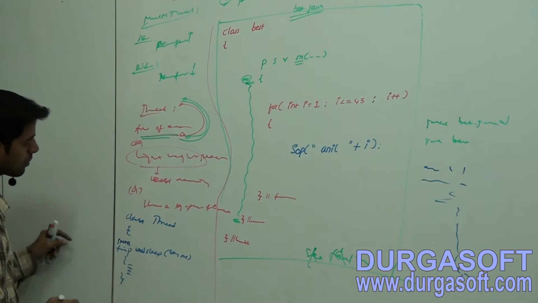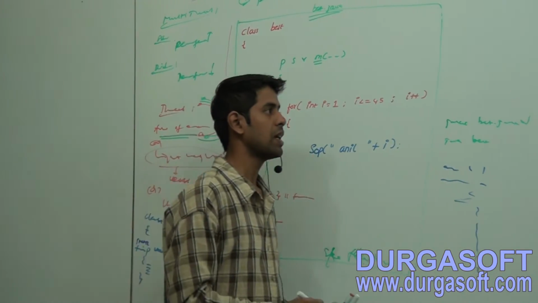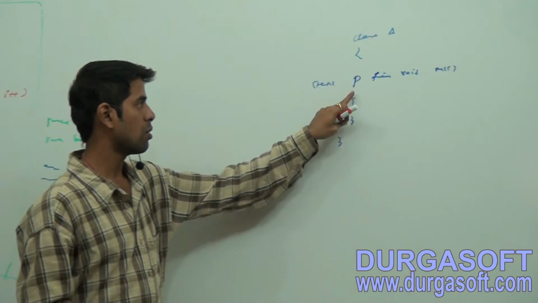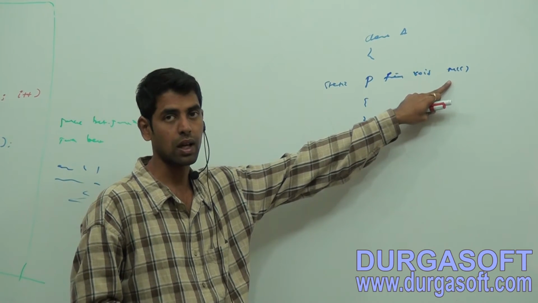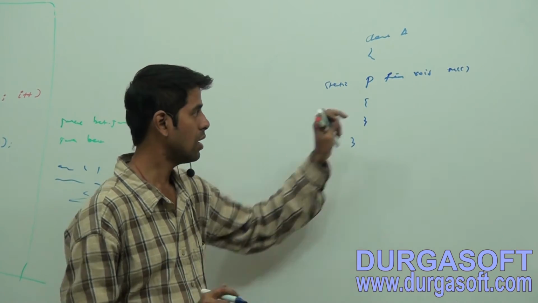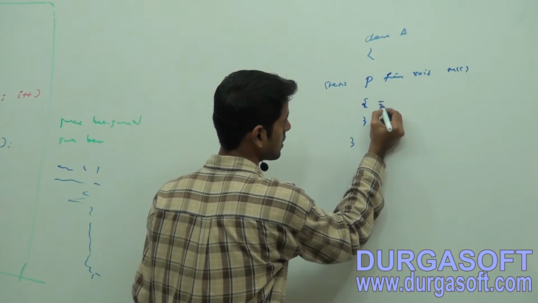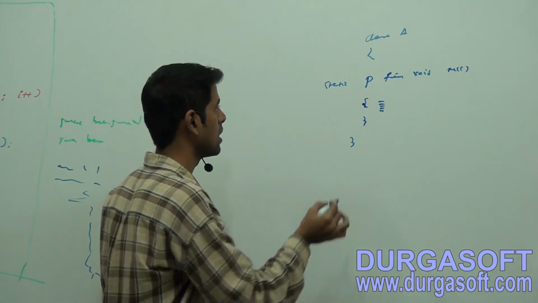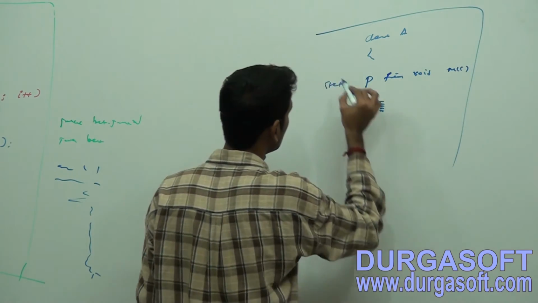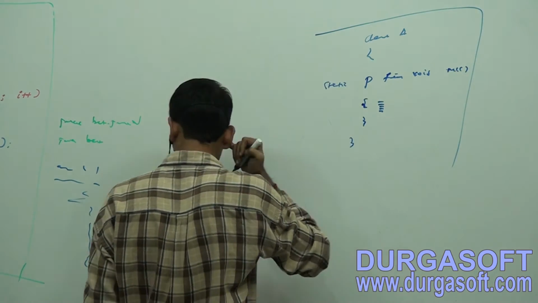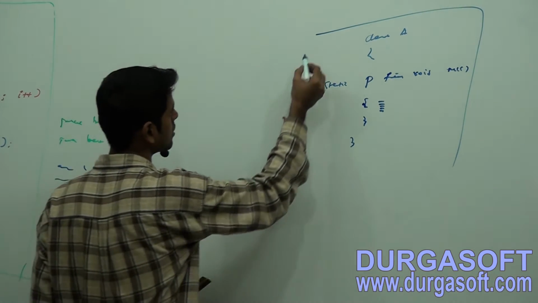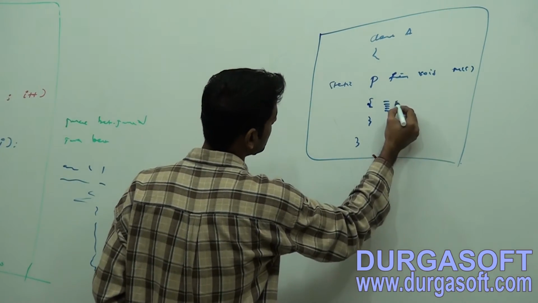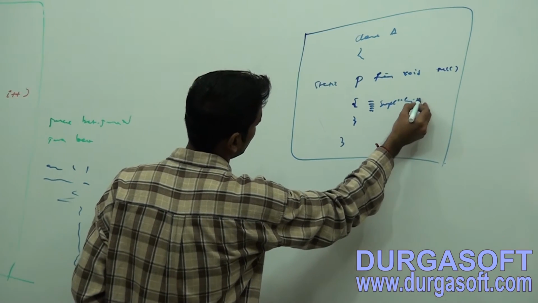Can I have static public final void m1 method? Yes, you can, no issues. Then think that you have some implementation here. Now observe this part. It has some implementation, such as telling hi to us.